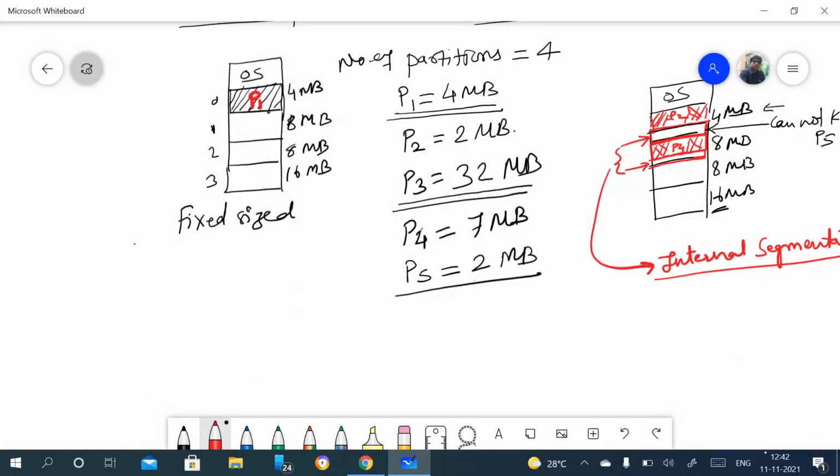See, in this fixed size, you just consider that the size is fixed in advance, right?